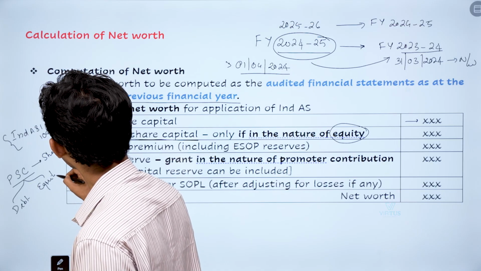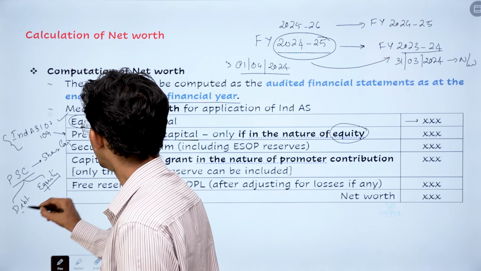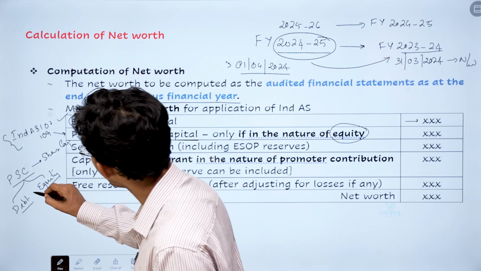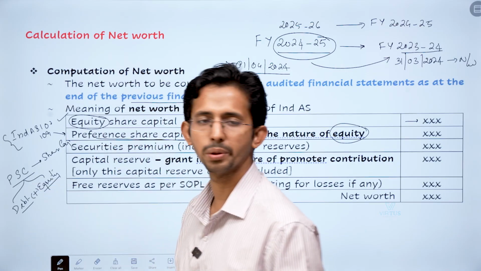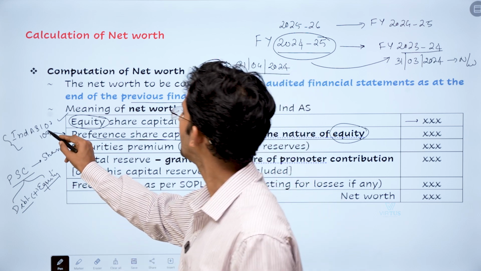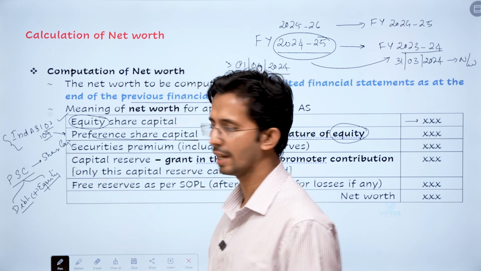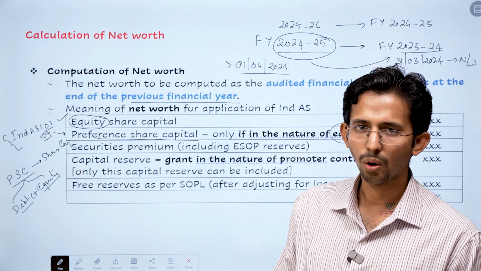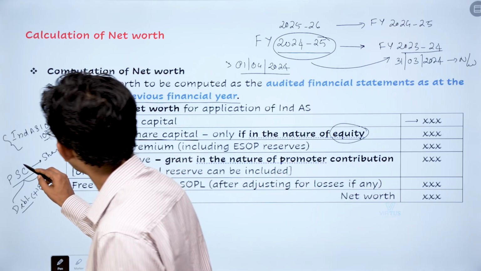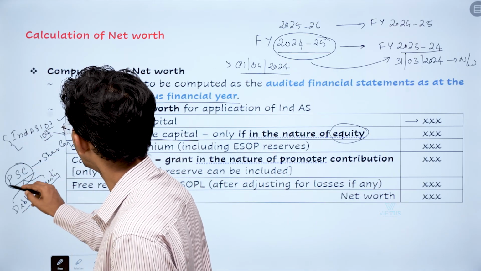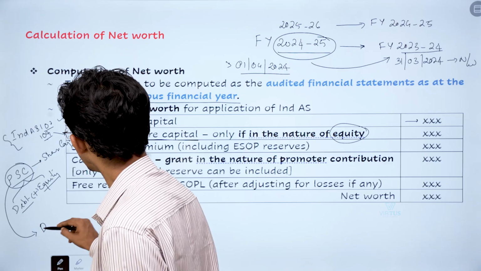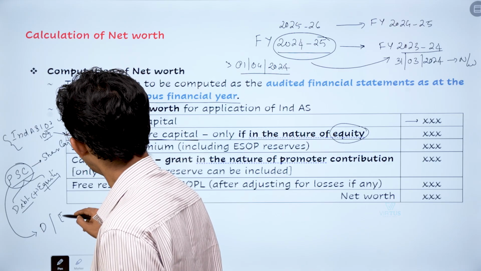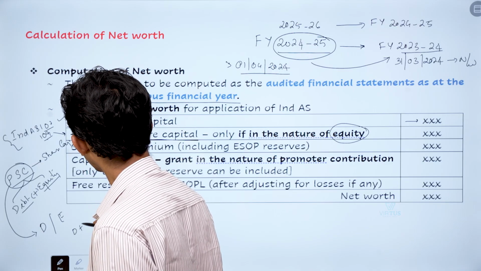Either it can act as debt or it can act as equity. Sometimes it will have a hybrid nature also, debt plus equity. When we learn about Ind AS 107 and 109, we will deal with it in detail. First we will have to bifurcate this preference share capital into debt or equity or debt plus equity.